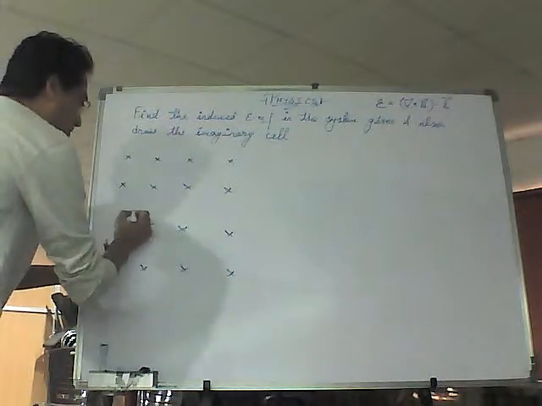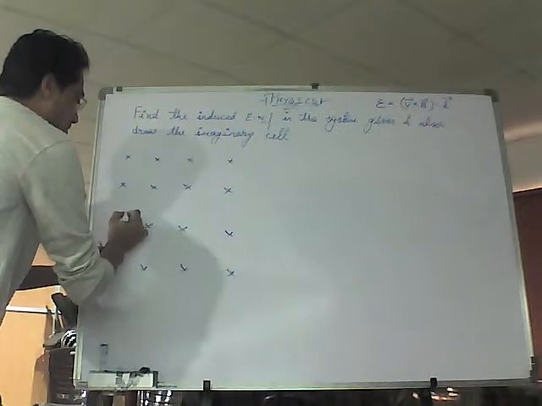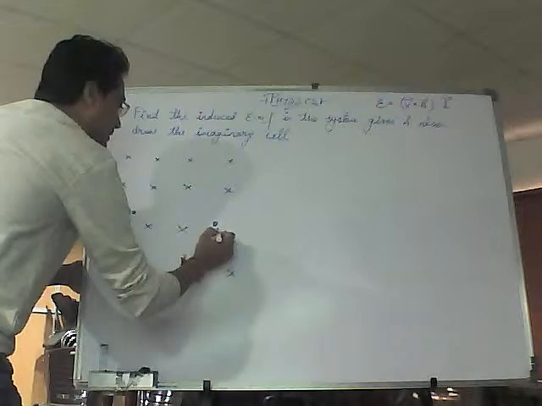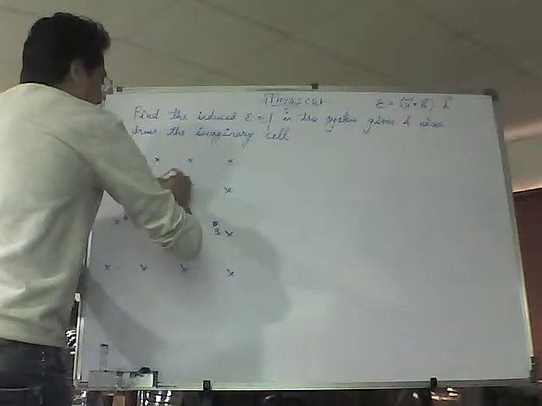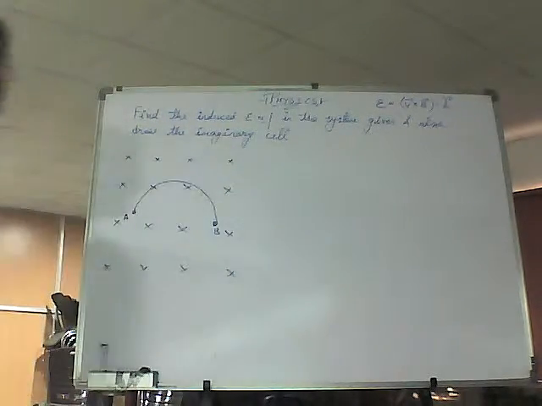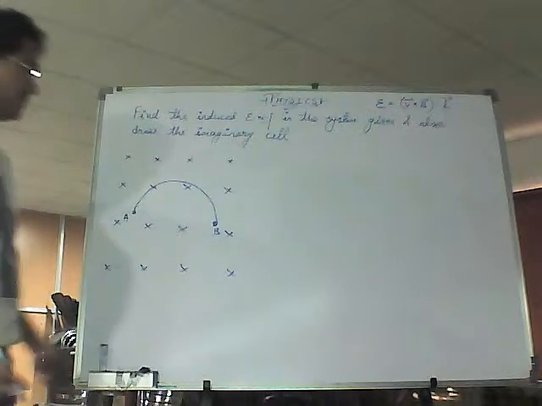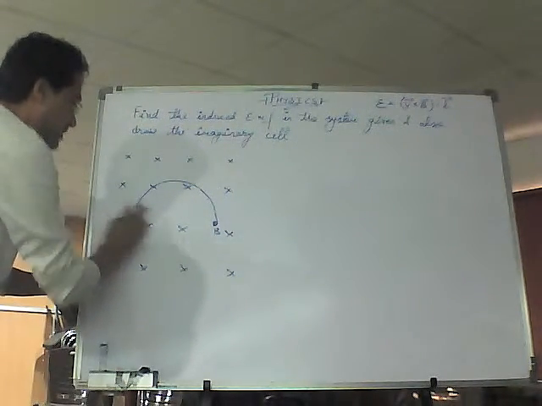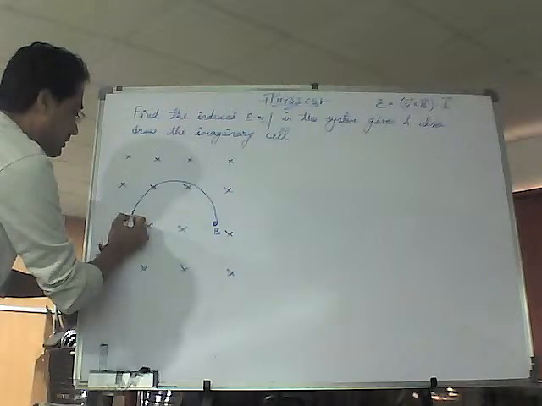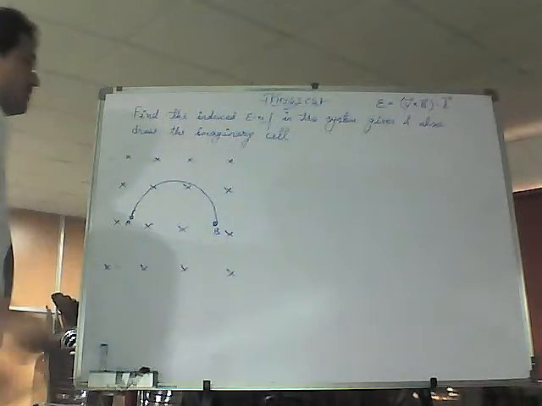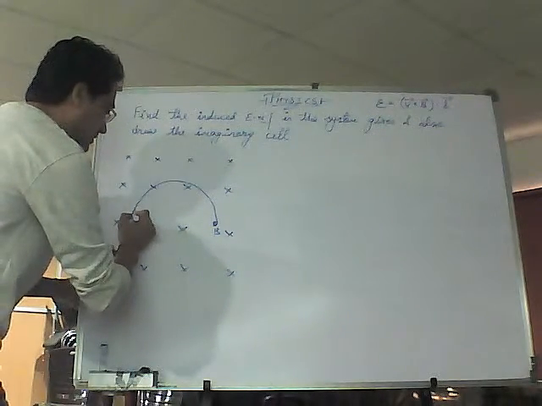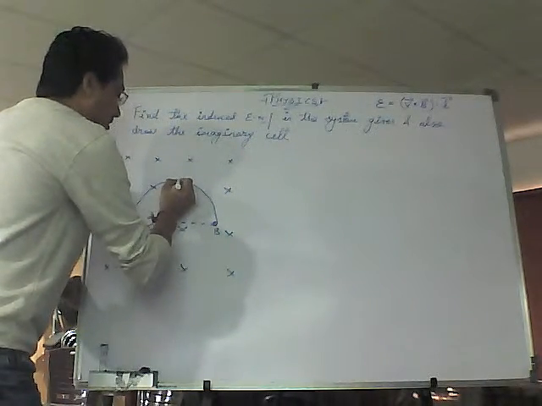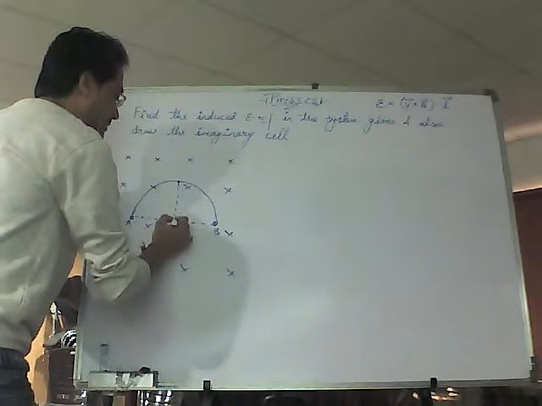This time you have a rod which is bent in the shape of a semicircular loop, and it has a radius of r.